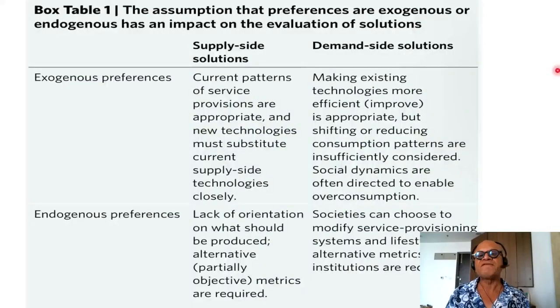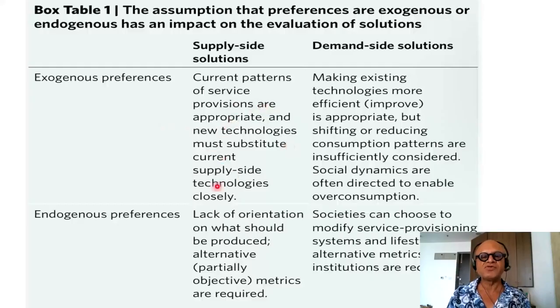The assumption that preferences are exogenous or endogenous has an impact on the evaluation of solutions. So you have supply side solutions and demand side solutions, exogenous and endogenous preferences. So supply side solutions worry about exogenous preferences based on current patterns of service.